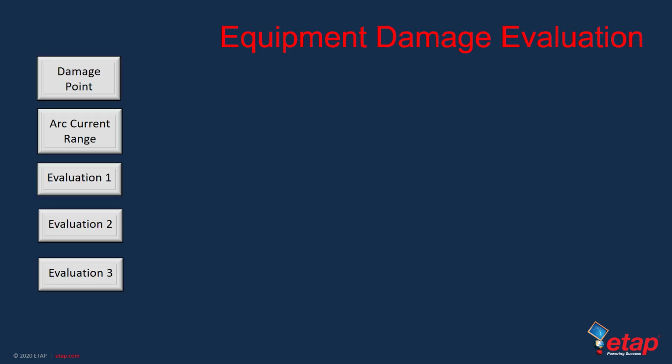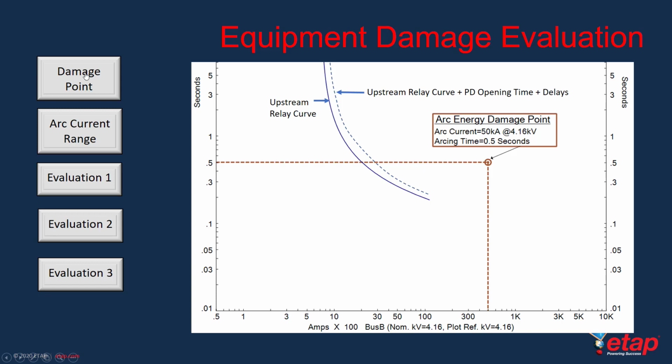Now let's look at an example of the arc energy equipment damage evaluation. In order to evaluate this damage point, we must obtain the rating from the manufacturer and plot it on a time current characteristic curve, or TCC curve.